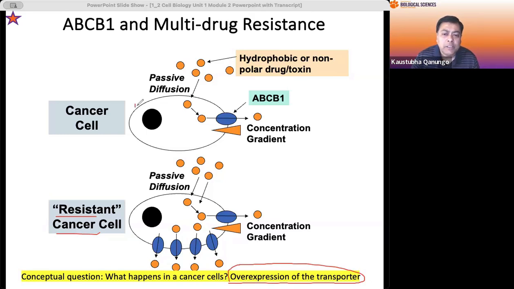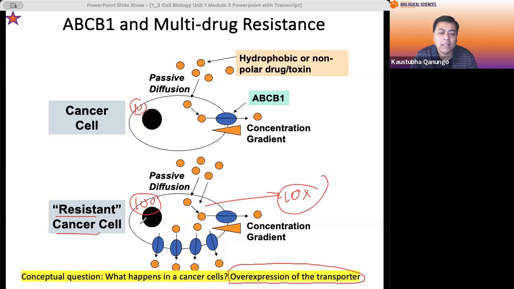And instead of, say, 10 of those on the plasma membrane, now you have 100 of those MDRs. So once the cancer-treating drug gets into the cell, it will be transported 10 times faster than in a native cancer cell. This is what we call resistance to a chemotherapeutic agent, a resistant cancer cell, and it is just by increasing the number of those.